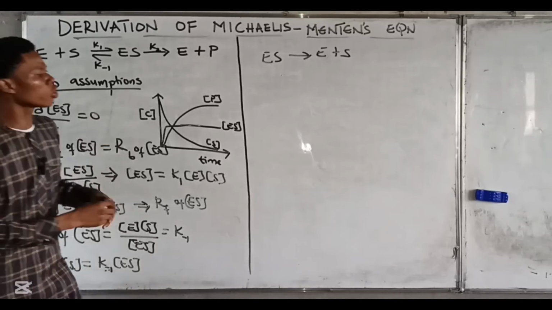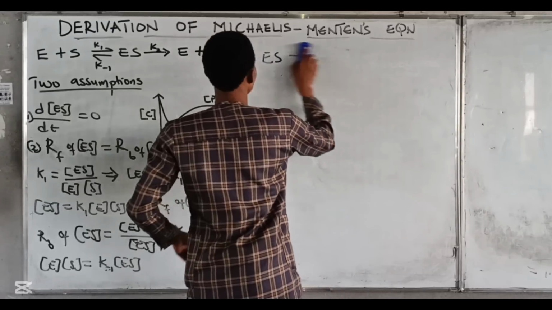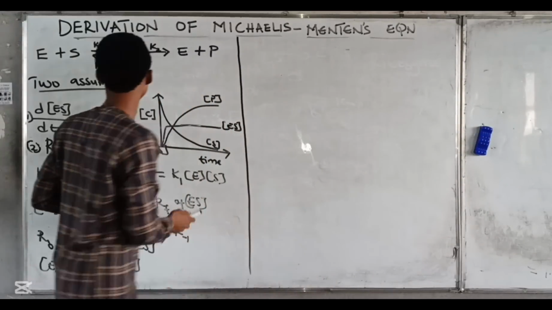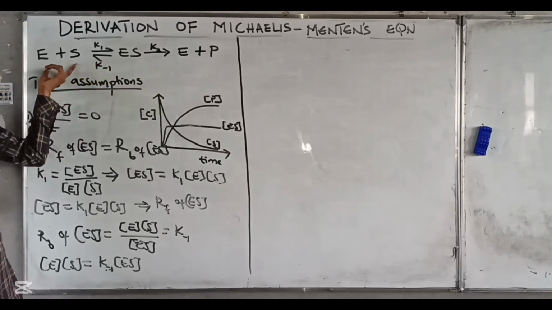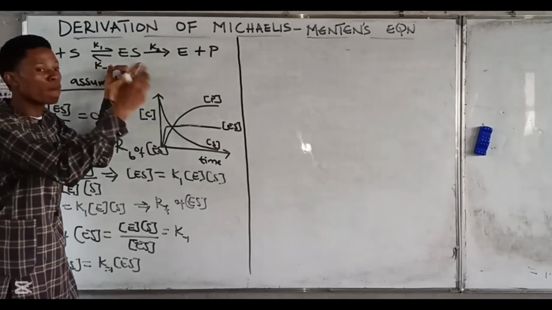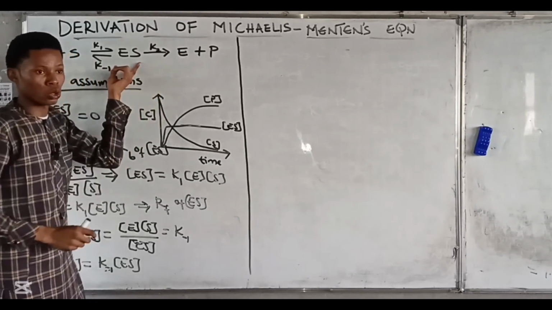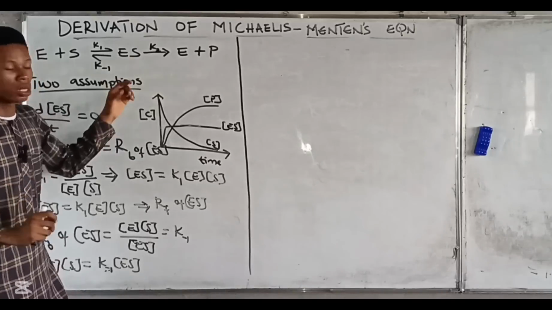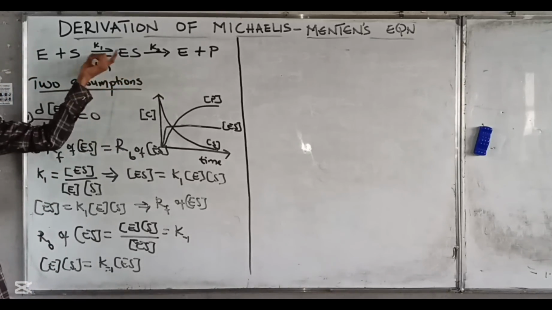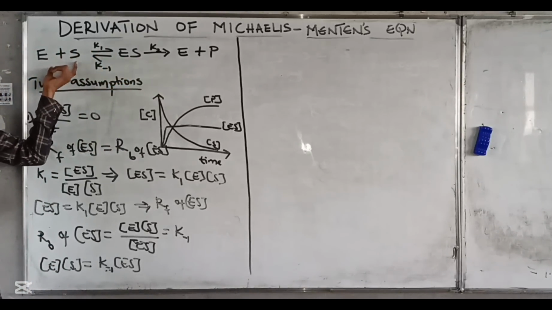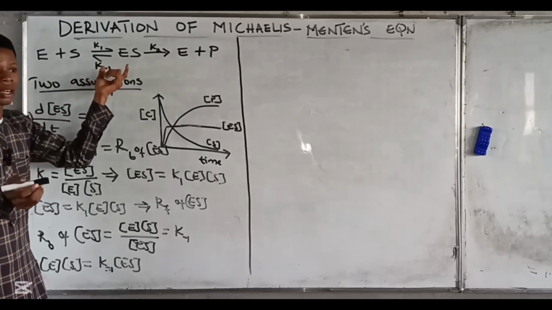But on second thought, if you check this, ES can be broken down to release free enzyme and substrate, and can also go the forward direction.